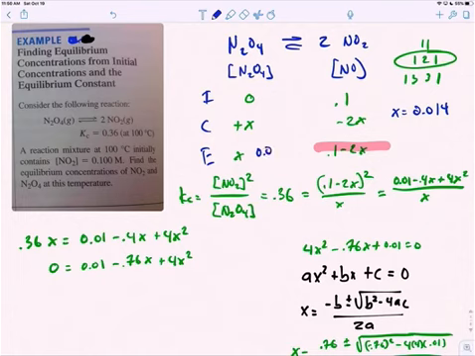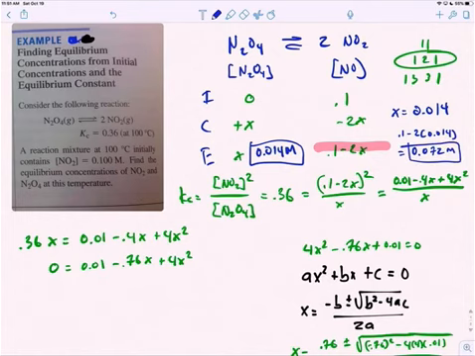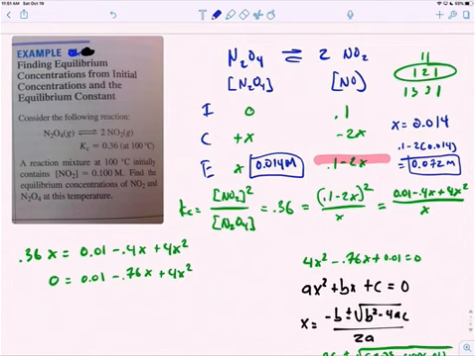So this is going to be 0.014 molar for N2O4, and then 0.1 minus 2x, so 0.1 minus 2 times 0.014, and this is going to be equal to 0.072 molar. And there you have it. And that is your answer. If you want, you can do the check.